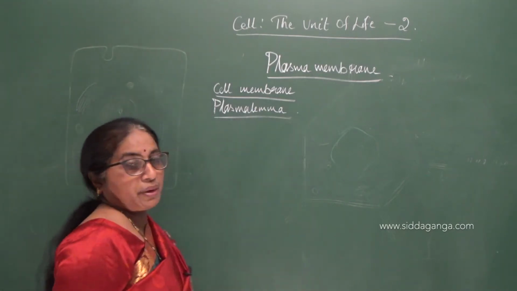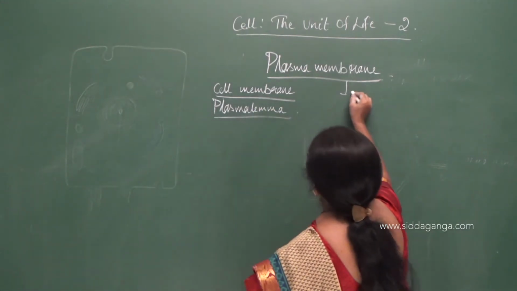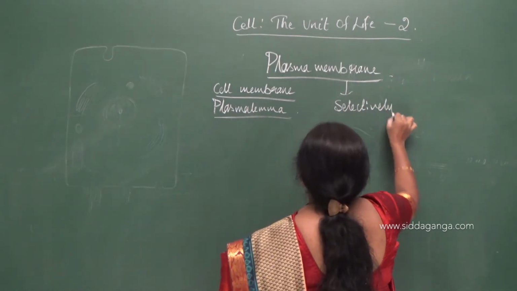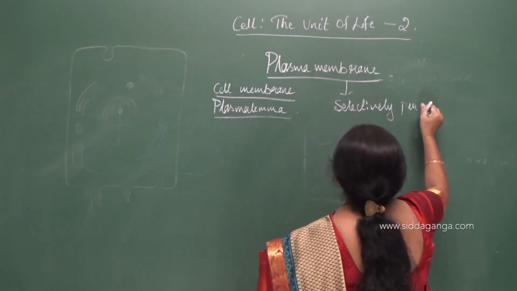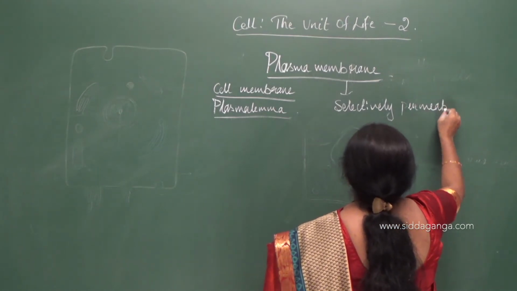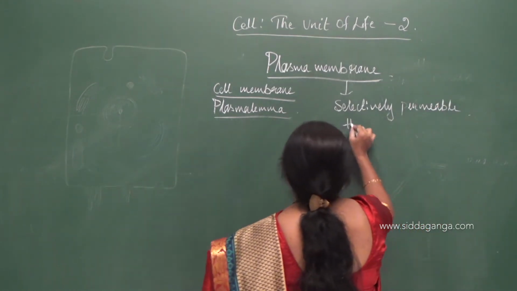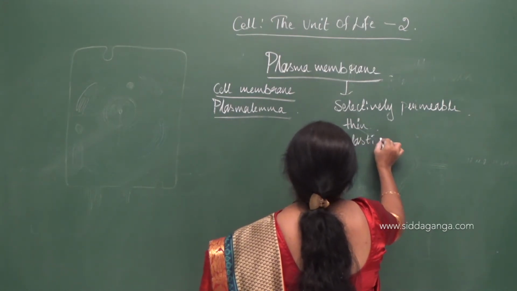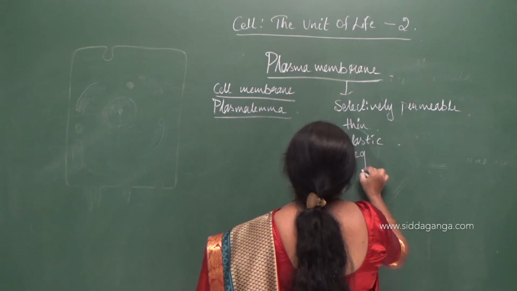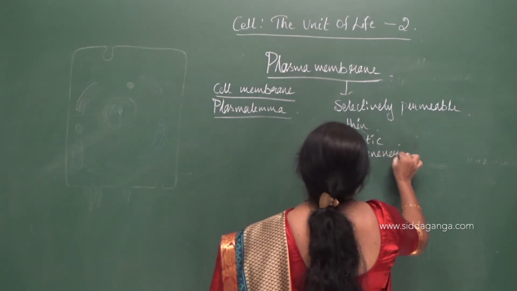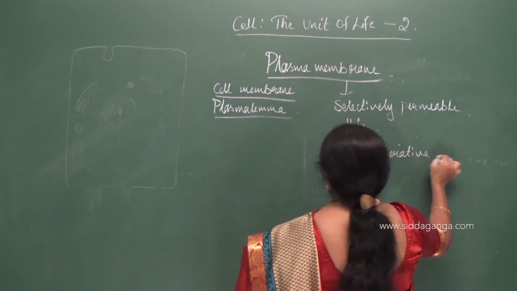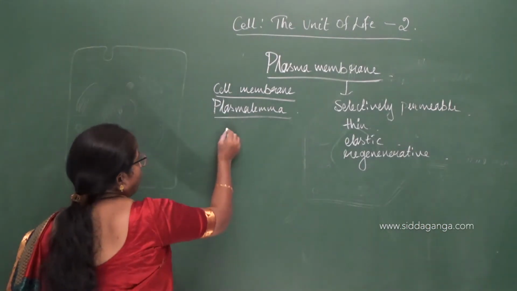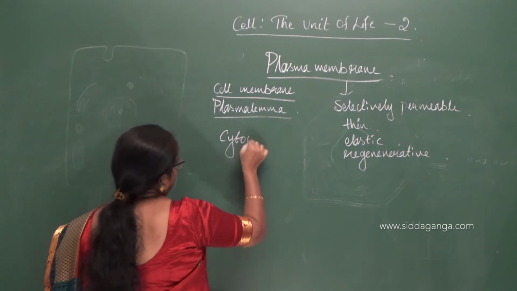So this plasma membrane is a selectively permeable, thin, elastic, regenerative membrane which surrounds the cytoplasm of all the cells.